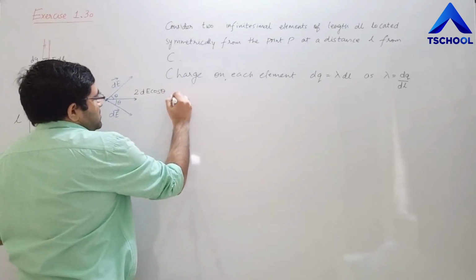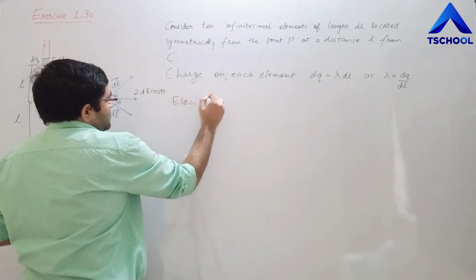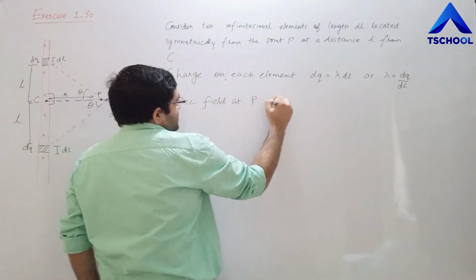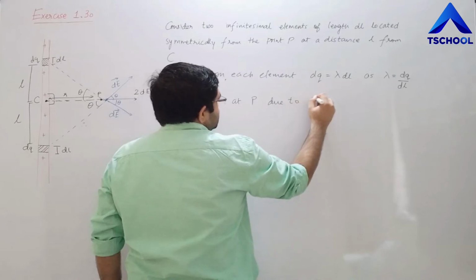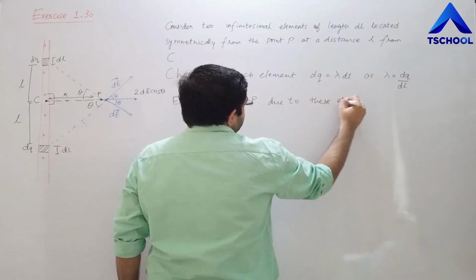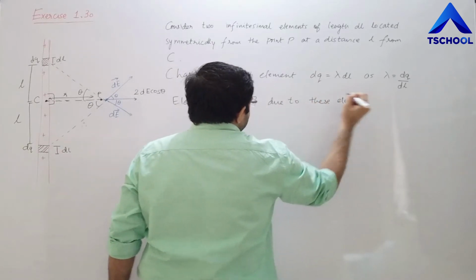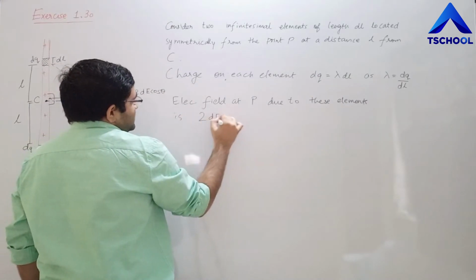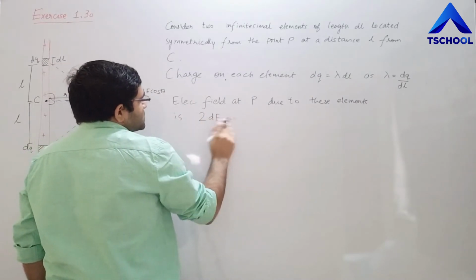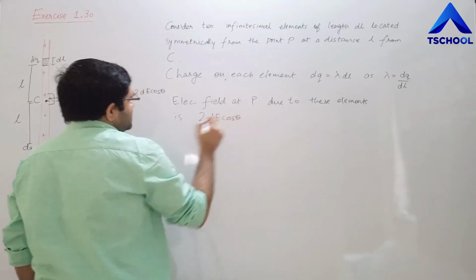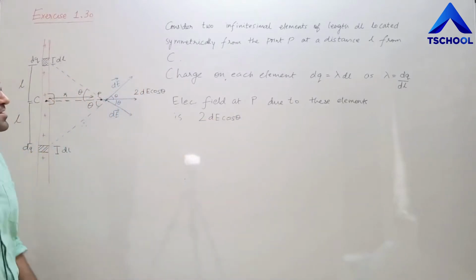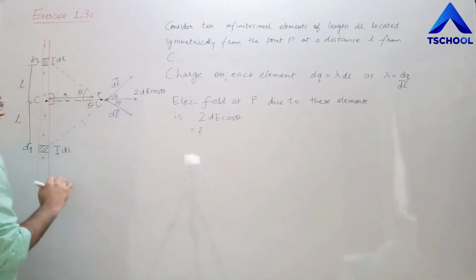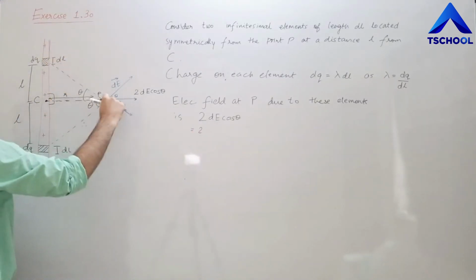So the electric field at P due to these elements, only due to these elements, we'll do the integration later, is 2 dE cos theta. I hope that is absolutely clear, right? And that is equal to 2 dE, where dE is the electric field due to one element.